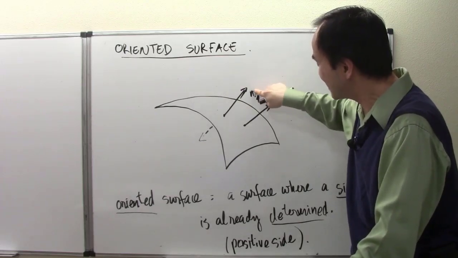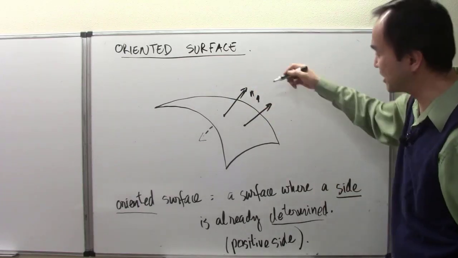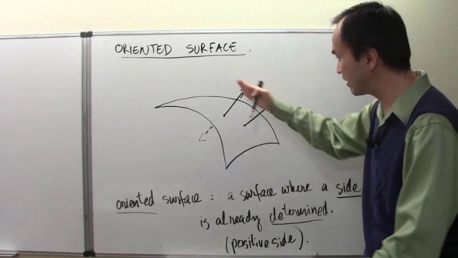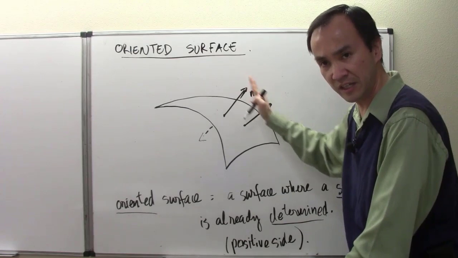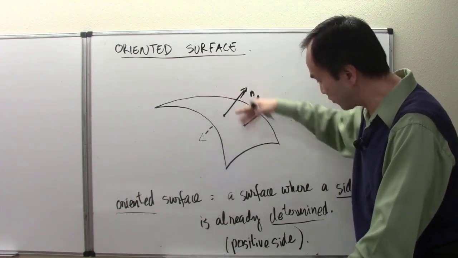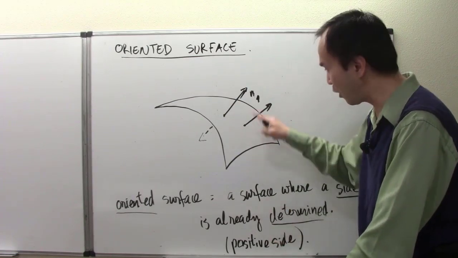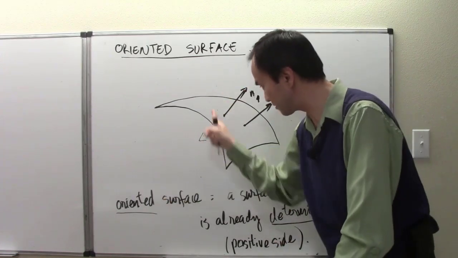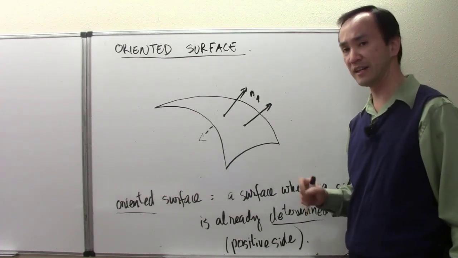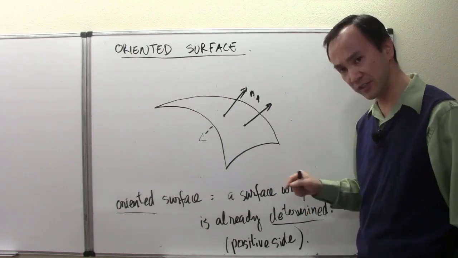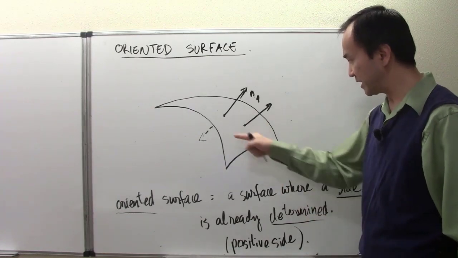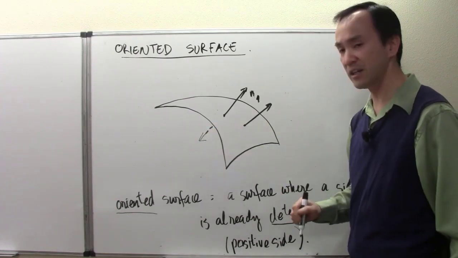Any textbook has a precise definition of one side: it is a whole set of continuously varying normal vectors. Once we have determined one side, our surface is oriented, meaning we already decided one side. That side we decide on is called the positive side, and the opposite side has to be the opposite set of normal vectors.